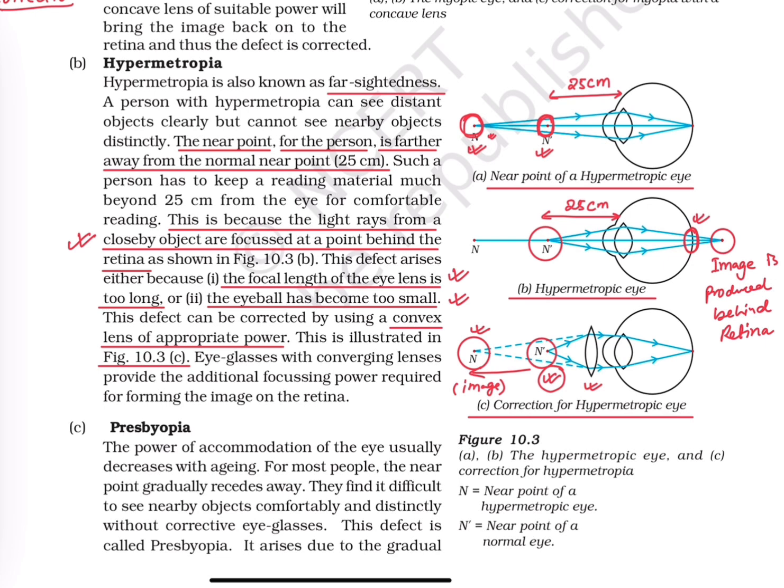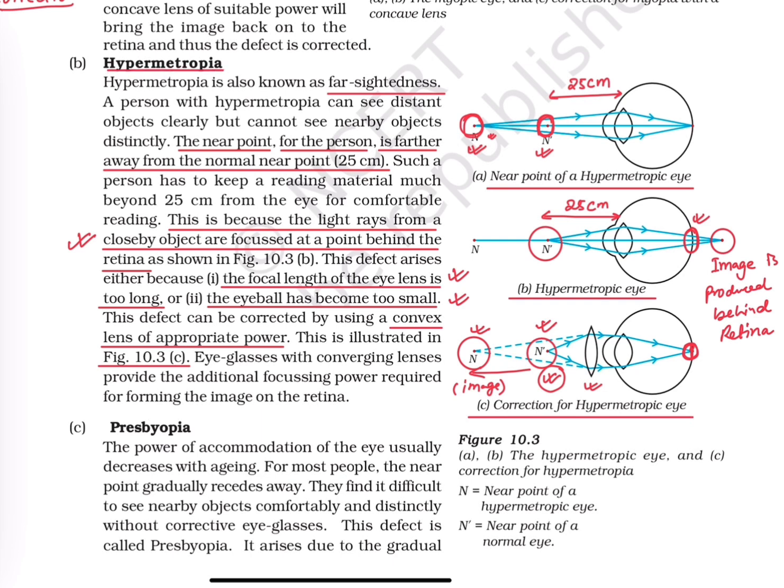This image is now visualized by the eye lens, and the image of this image will be produced on the retina, and that is how the person will be able to observe an object at normal near point when he is suffering from hypermetropia.